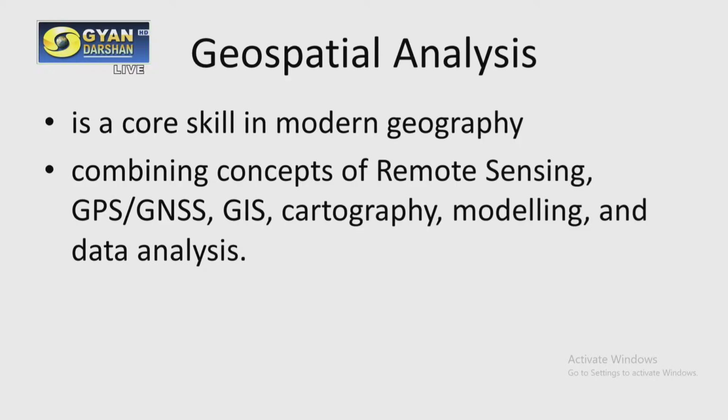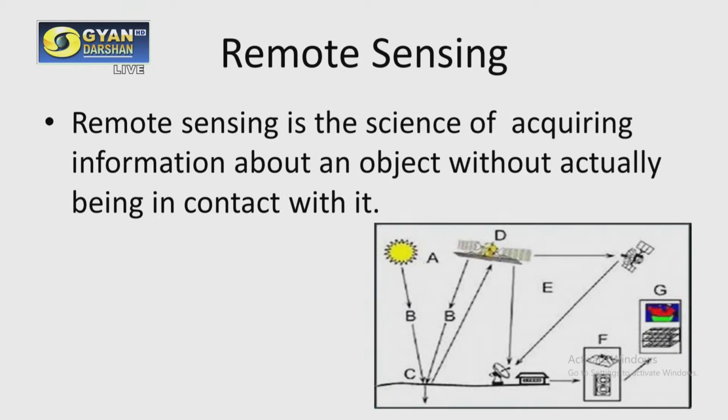So what is geospatial analysis? It is a core skill in modern geography combining concepts of remote sensing, GPS, GIS, cartography, modeling and data analysis. You have studied remote sensing in the 4th semester, and it is MGG 012, and you have studied the core theory course on geographical information system in the 3rd semester itself.